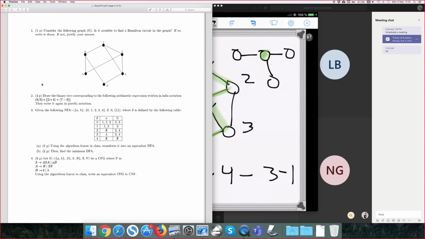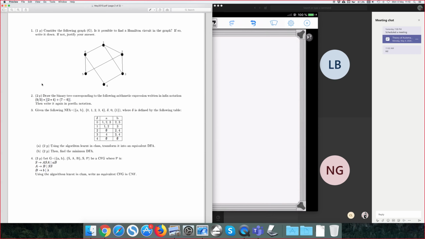Okay, so let me copy the expression and then I will solve it for you. So 9 divided by 3 times 2 times 4 plus 7 minus 6.